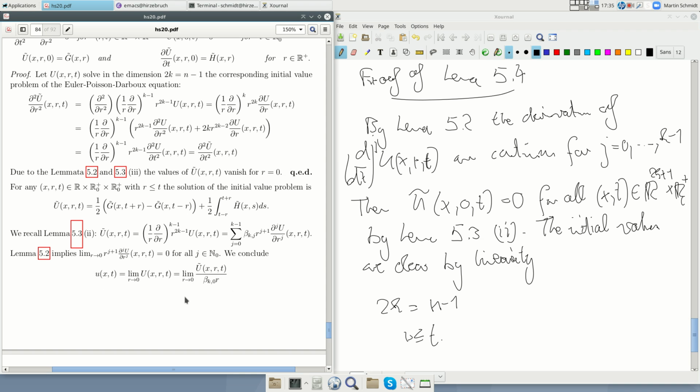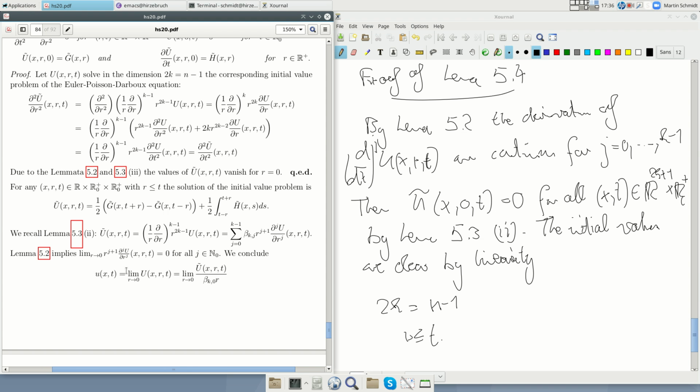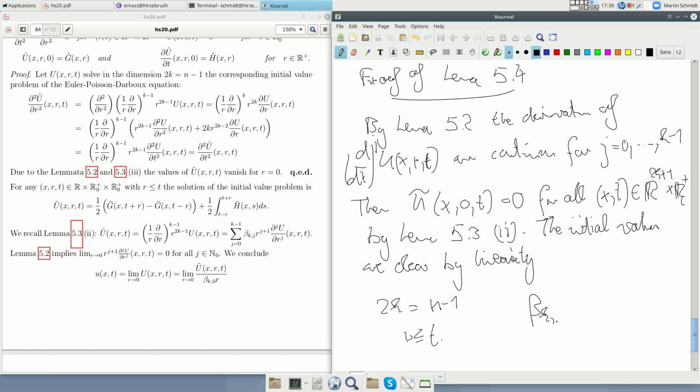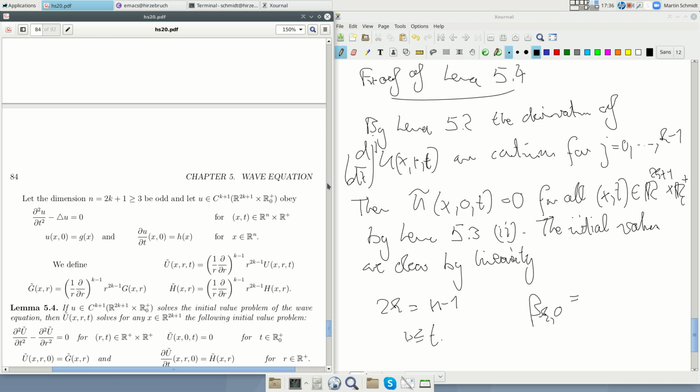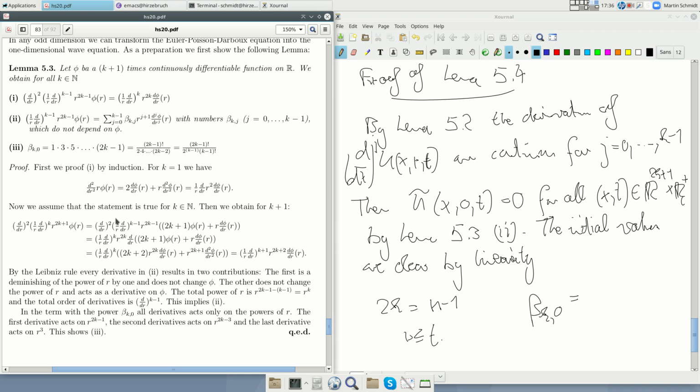Now we have a complete formula for our solution. We have to take this limit. So let's write this limit. U of x t is, remember, here we insert 1 divided by beta k0. No, what was this? No, this was, in the lemma we calculated it. Let's write it again.